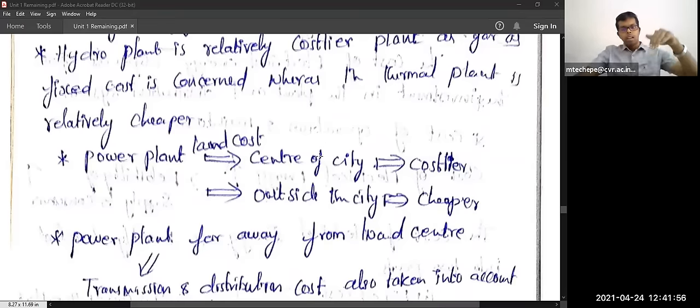If you want to buy 1 acre of land in a city, it might cost more than 1 crore, like 1 crore, 2 crores, 5 crores, 10 crores. So 1 acre, 2 crores up to 5 crores.